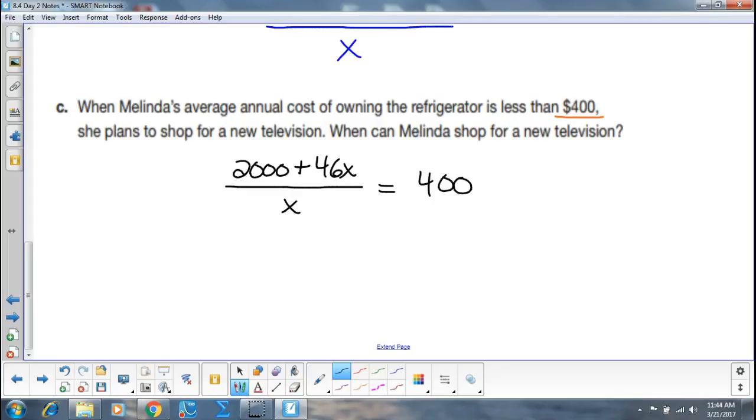We don't do guess and check. How can we solve this one? We can cross multiply. Yep. Okay. So if I cross multiply, I get 2,000 plus 46x equals 400x.